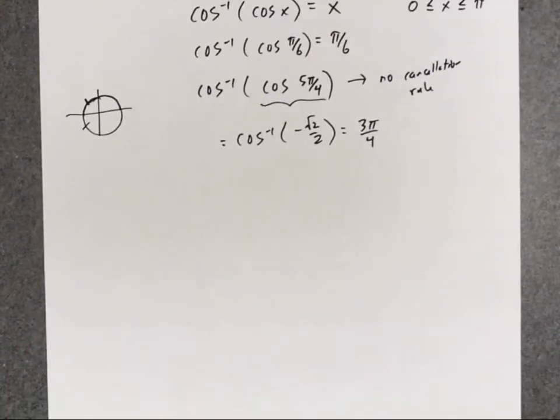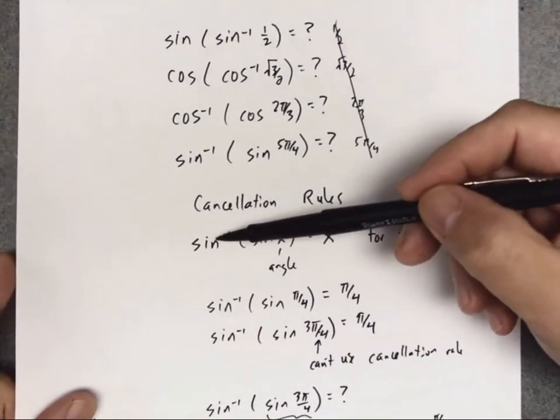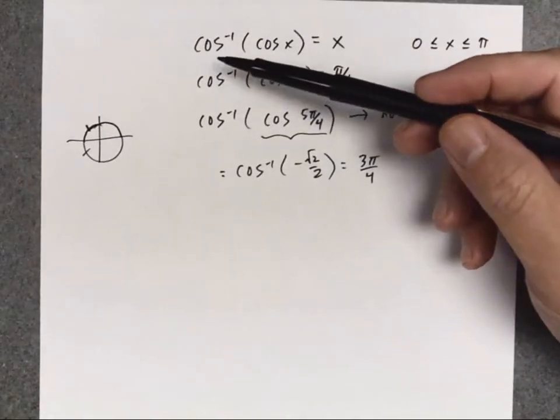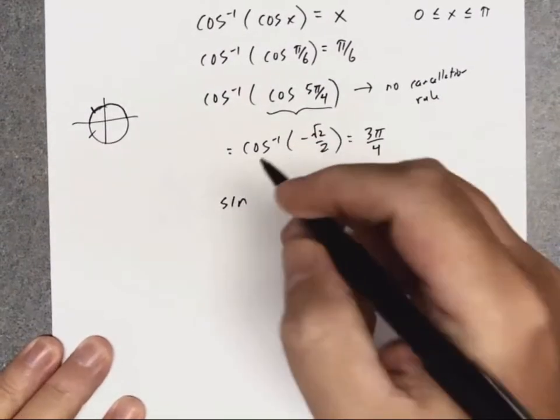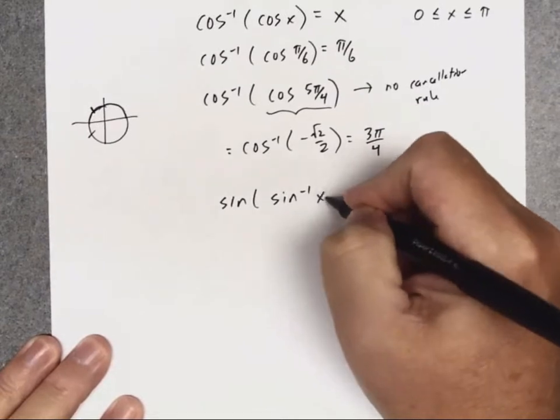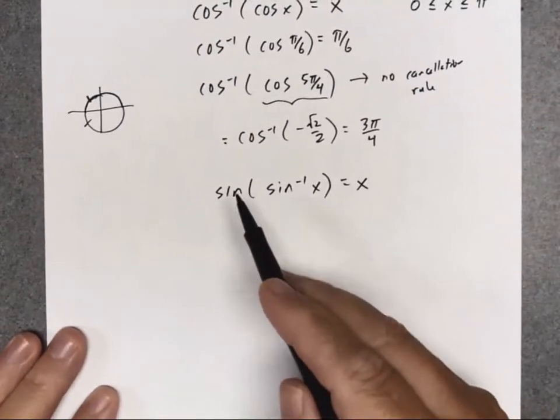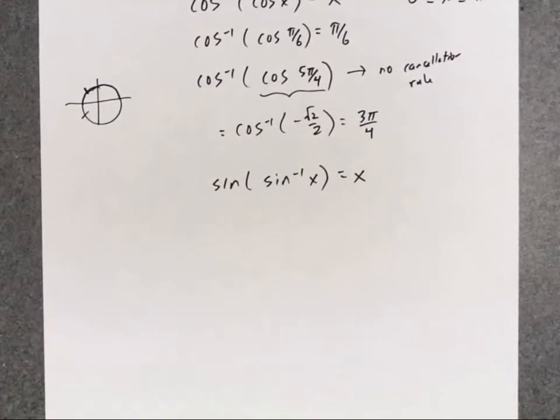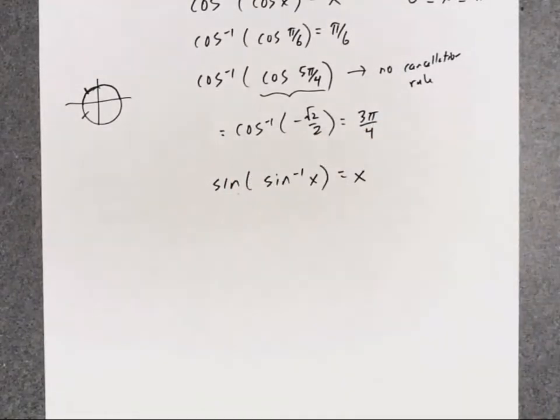In other words, for both these two we've just done, we actually looked at taking the inverse sine and the inverse cosine first. How about what would happen in the cases where we take the sine of the inverse sine function? Once again, I would like for those things to cancel out.